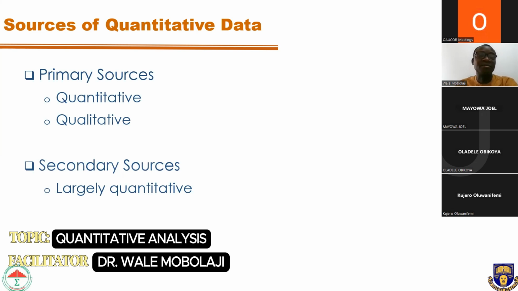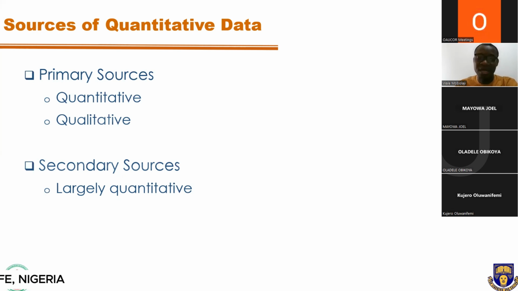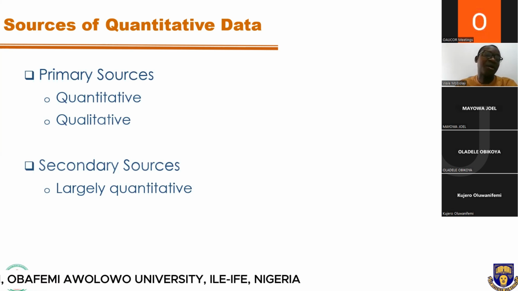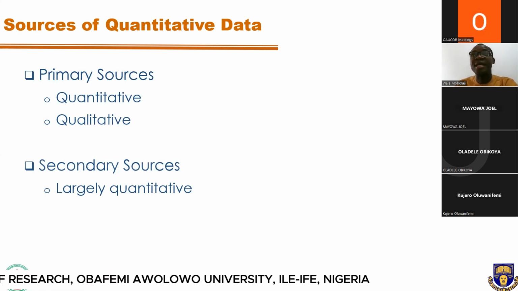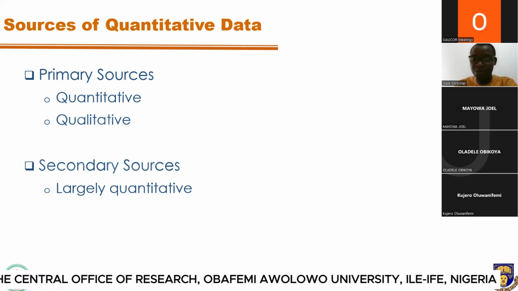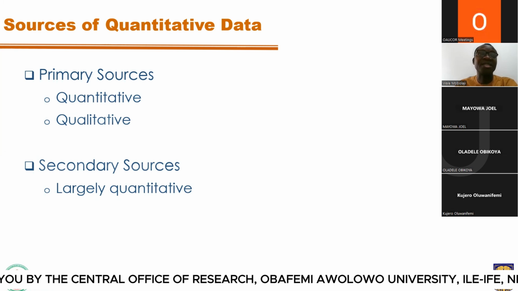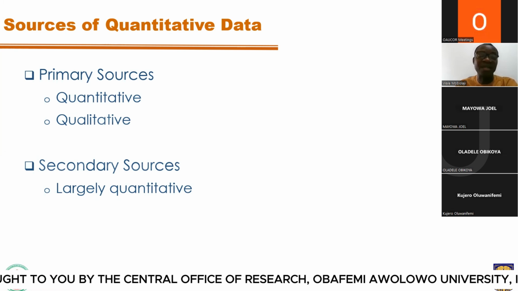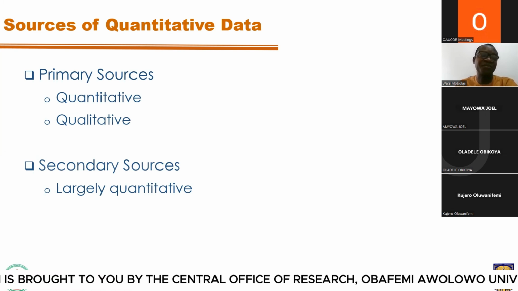Primary data implies you are the one that collected the data by yourself, for the purpose of the research you have at hand, based on your research questions. And secondary has to do with when the data is already available, but you find it useful for your study, relevant in achieving the objective of your study.